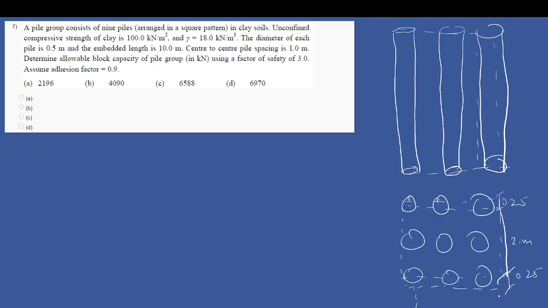So this is your 2 meter, and this is your 0.25, and this is your 0.25, right? So the total dimension which you're getting for your block is none other than 2.5 into 2.5, which is 6.25.